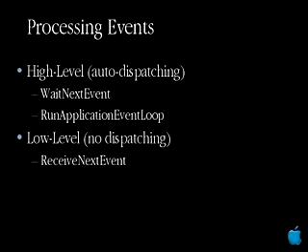But those two APIs actually dispatch events when they're called. So while you're inside wait next event or run application event loop, events will get dispatched to any handlers that you have installed, provided the event makes sense for that handler. If you happen to need to get an event from the event system and not have any dispatching happen, there's a lower level API called receive next event.